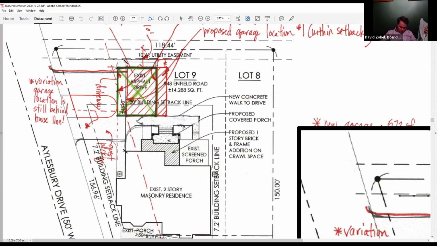Right, and also that's cement anyway, that little bit that would be over the variance. It's already constructed on with the driveway. Exactly.